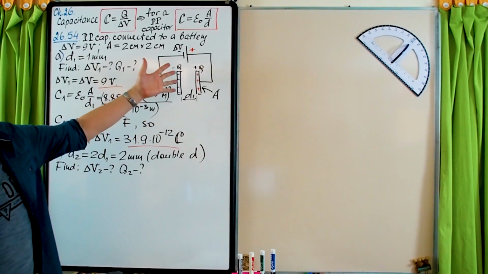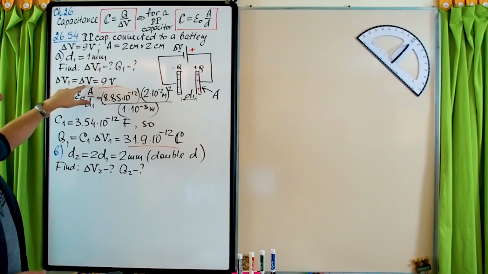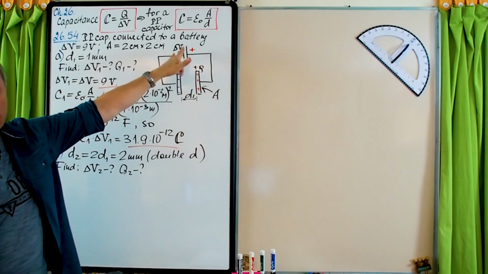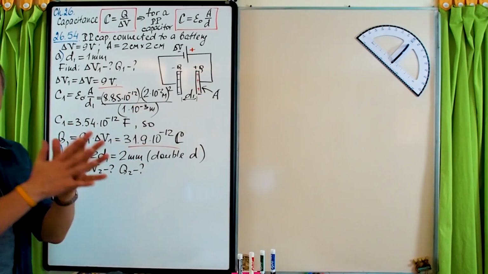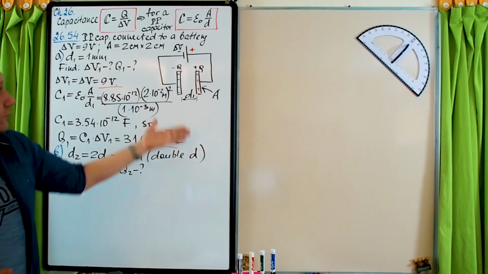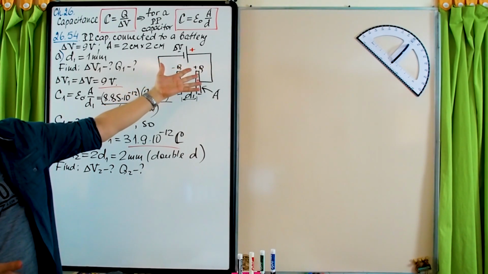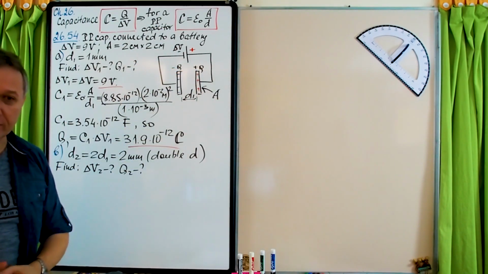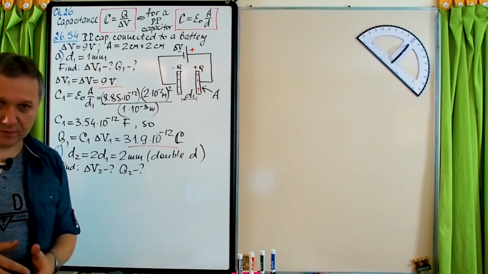Using the same arguments which I gave to you to justify this, that the potential difference across the capacitor equals the potential difference across the battery is still applicable here. You increase the spacing, so what? If you assume that your battery is healthy, strong enough, it will be able to provide whatever is needed, but the potential difference will be exactly the same.